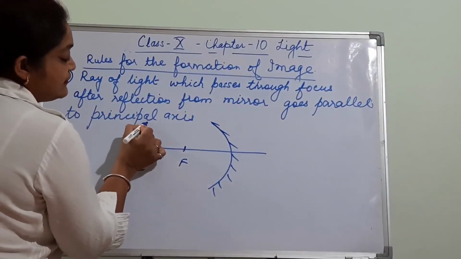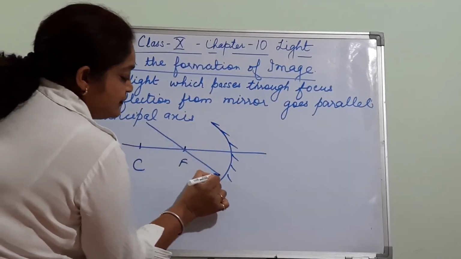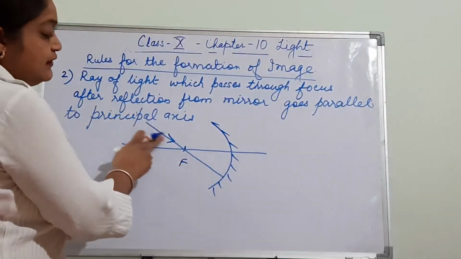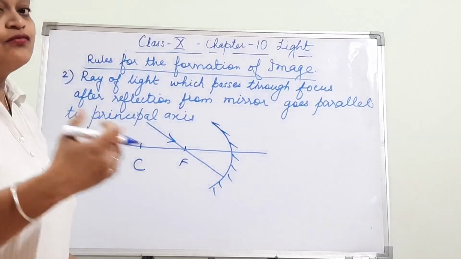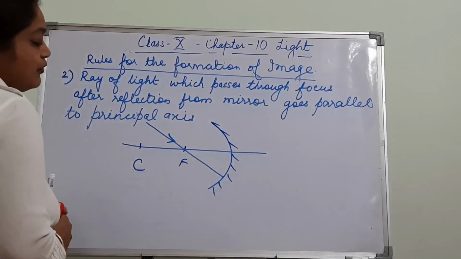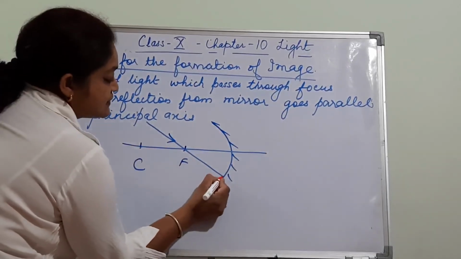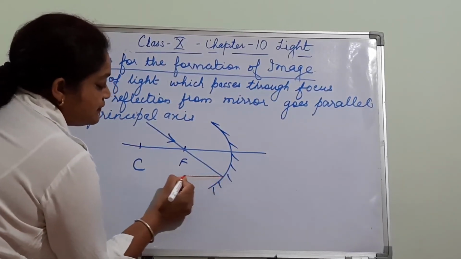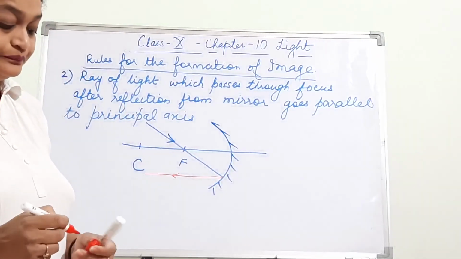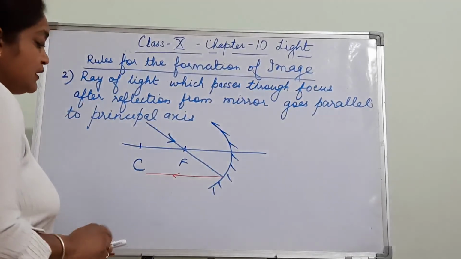Now I am taking this ray, incident ray passing through focus. So what will happen after reflection? After reflection this ray will go parallel to principal axis. So this one is the reflected ray. Okay. So this is for the concave mirror.